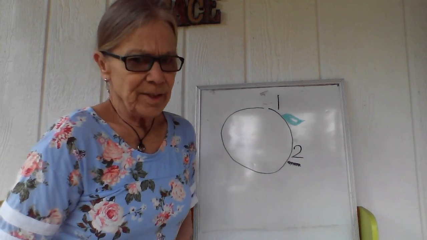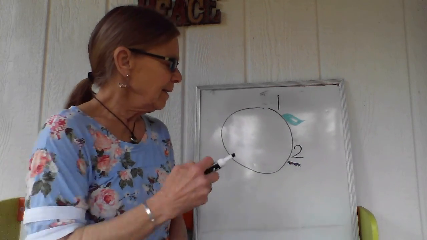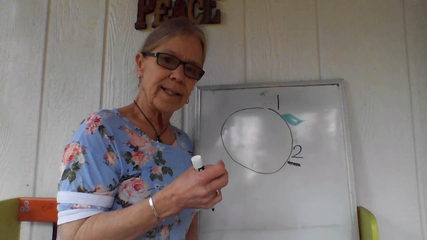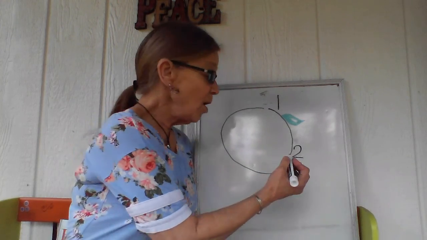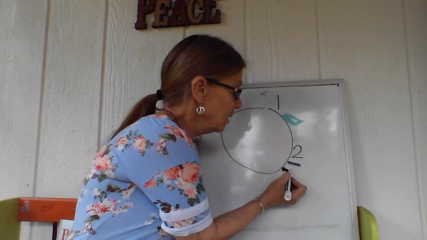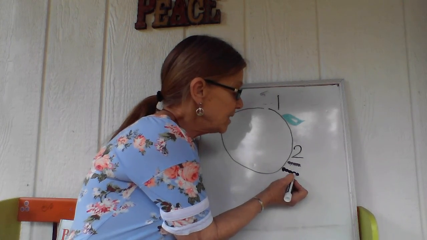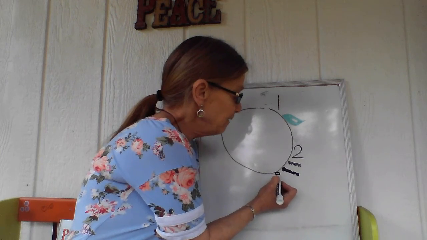Well, it eats a lot of leaves, so it starts out small. But then it sheds its skin like a snake because it needs room to grow. So then it gets bigger. And it sheds its skin again, and it gets even bigger.